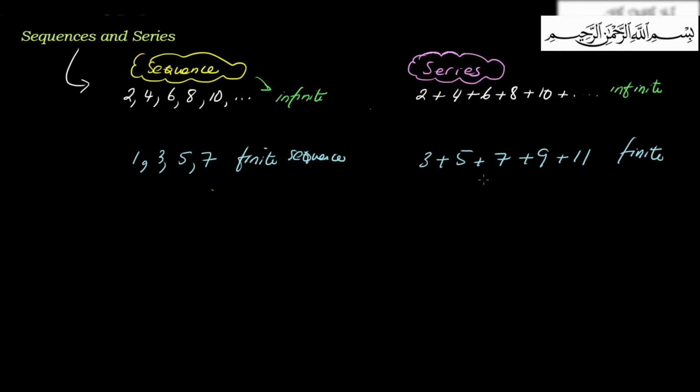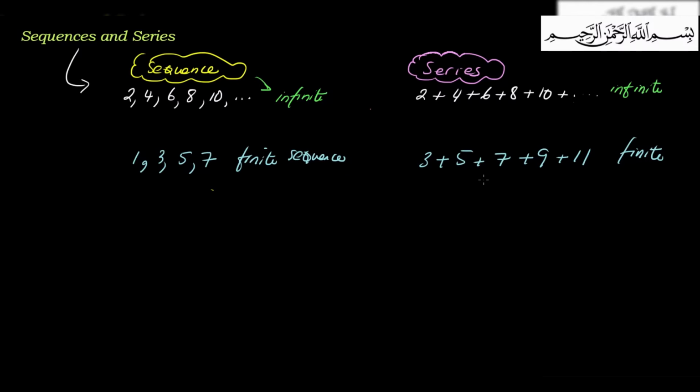But anyway, the first important concept for us to understand is the basic definitions of sequences and series. A sequence is a list of numbers, whereas a series is a list of numbers that are added together. Sequences and series can be finite, and they can be infinite. That means they have an infinite number of elements, or a finite number of elements in the case of finite sequences and series.